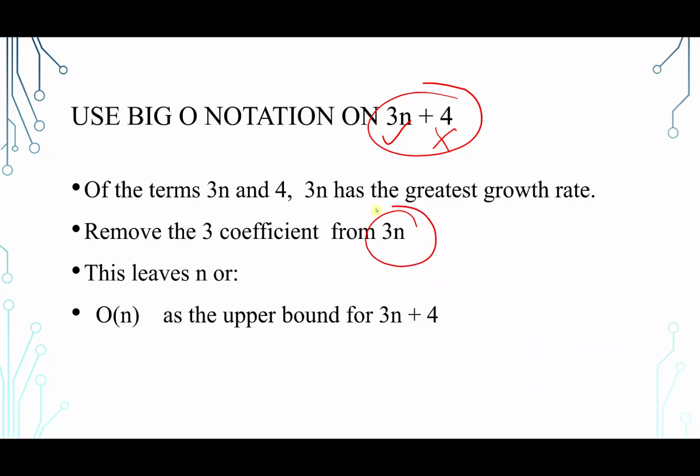Do I have constant factors? Yes, I do. I have 3. So ignore the 3, omit that, then what you have left is n, then you have big O of n. Now I taught you how to get the big O of n, but now you must ask yourself, does it make any sense?